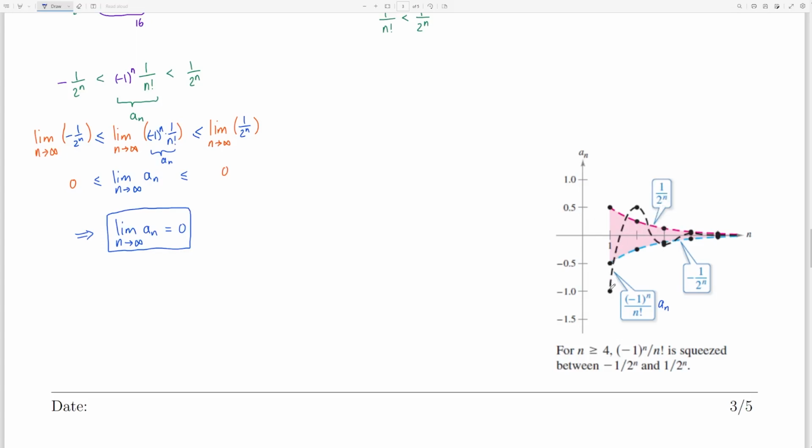And you see in the beginning, it is not squeezed in between, but once you get to, you see 1, 2, 3, 4, right at the fourth term, it is squeezed in between, and then ever after.